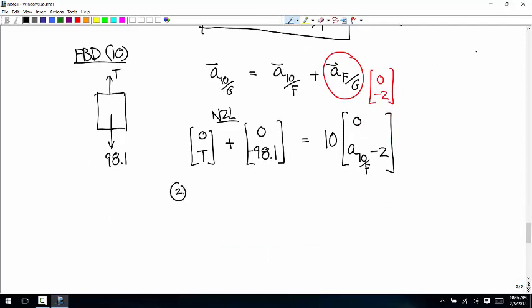And so equation 2 says T minus 10 A10 relative to F is equal to positive 78.1.